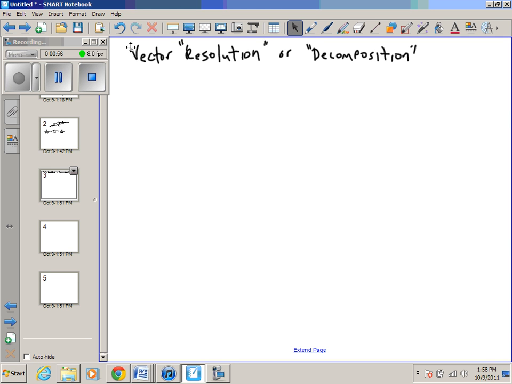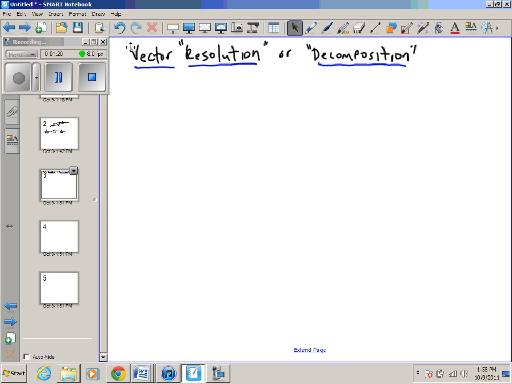I'll use both of these phrases, vector resolution and vector decomposition. Decomposition, that word makes a little bit more sense to me. You're decomposing or breaking the vector up into pieces. But sometimes you'll hear me say resolve the vector or decompose the vector, break the vector up into pieces.